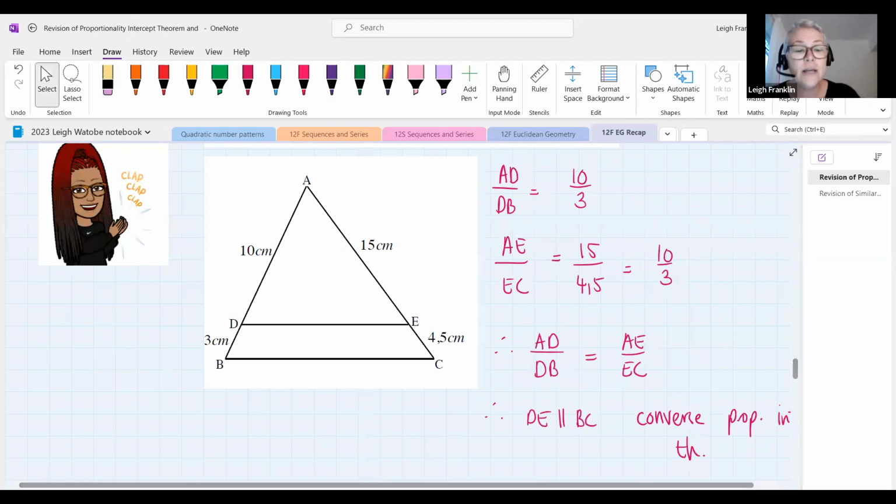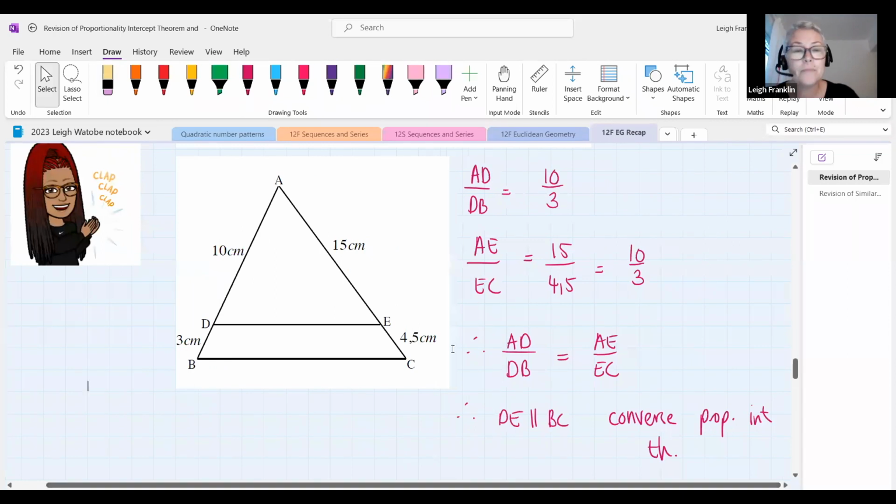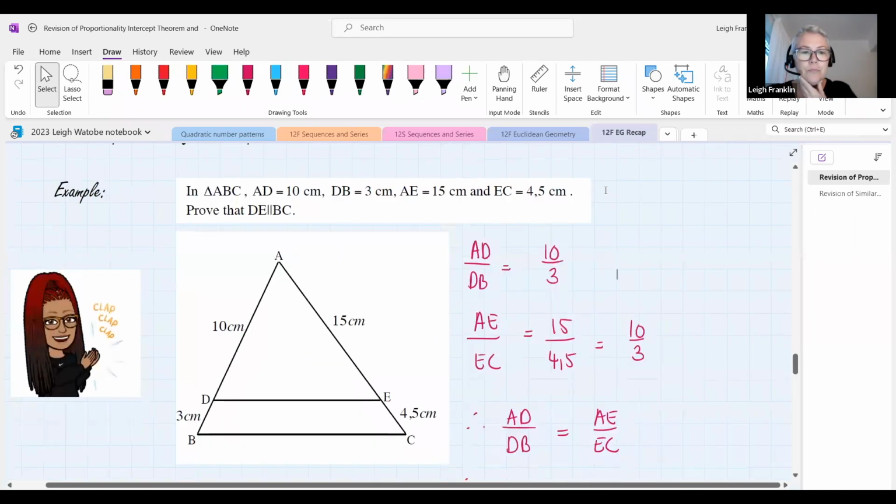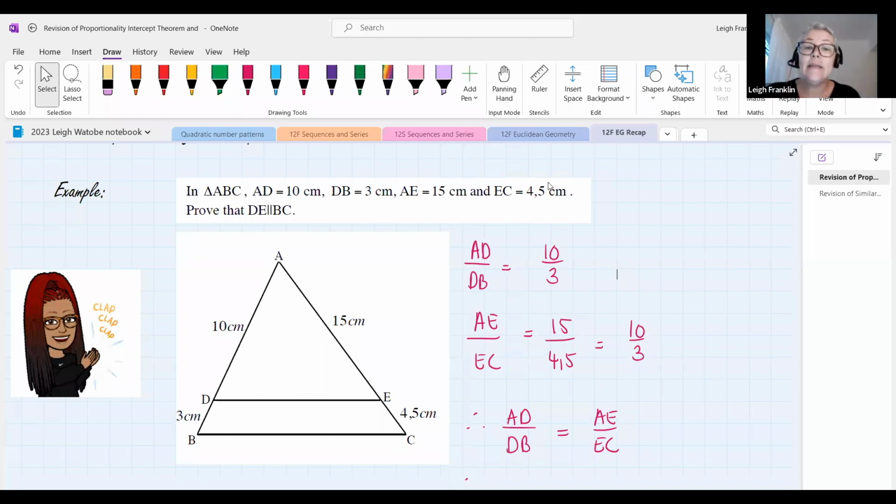Okay, Lusanda. Hi, ma'am. Ma'am, I wanted to know, if they ask you to prove that DE or something else is parallel, do you first need to work out your ratios, then after that you can say that DE is parallel to BC? Yes, absolutely.